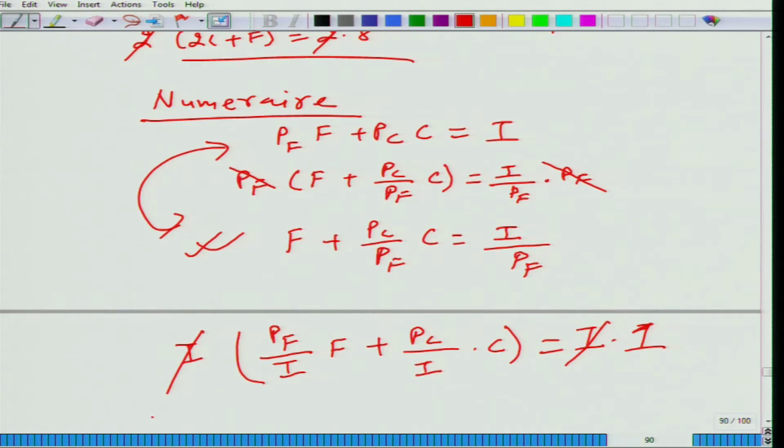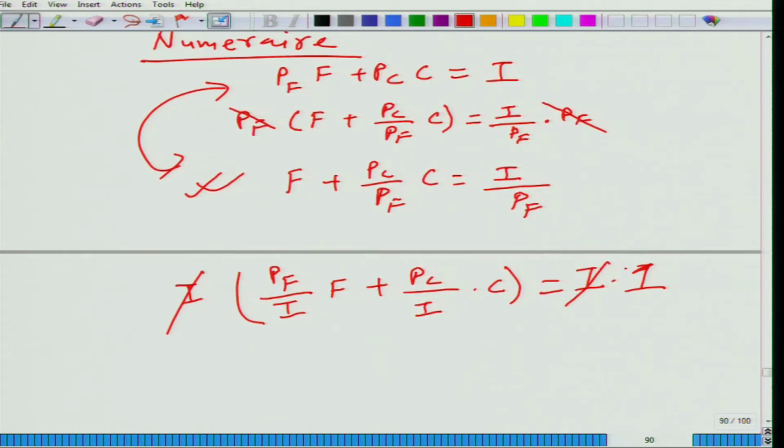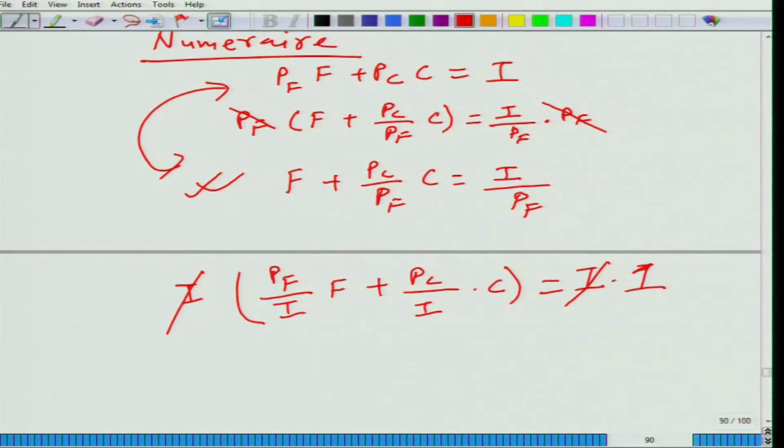The new equation that we get is that the income of this person is equal to 1. So here we are basing the economy in terms of money, and earlier in terms of fish. It makes our life simpler.